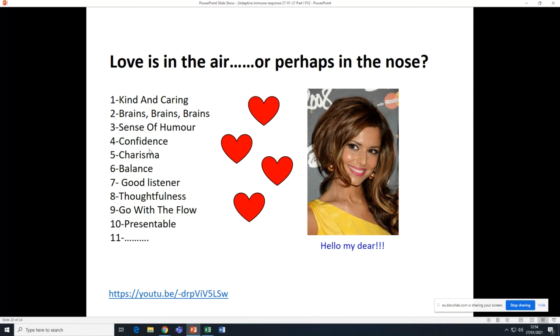We can do a poll. If you want to write it down, what do you think would be the best characteristic that women would be attracted to? Is that the brain? Is that sense of humor? Is that confidence? Is that charisma? Is that balance? Forget about good listener. I'm not aware of any man who is a good listener. Go with the flow, presentable.